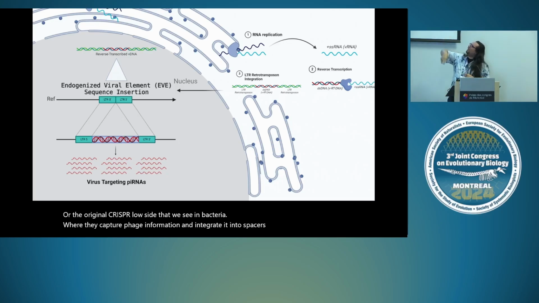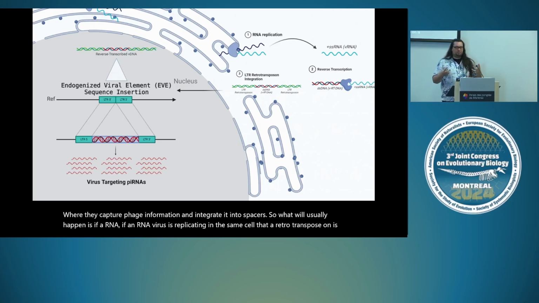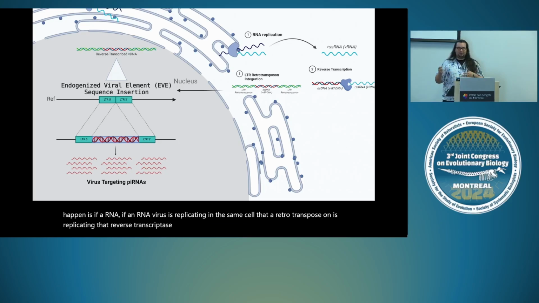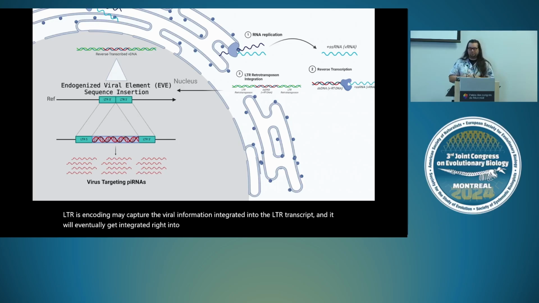So what will usually happen is if an RNA virus is replicating in the same cell that a retrotransposon is replicating, the reverse transcriptase that the LTR is encoding may capture the viral information, integrate it into the LTR transcript, and it'll eventually get integrated right into that genome.